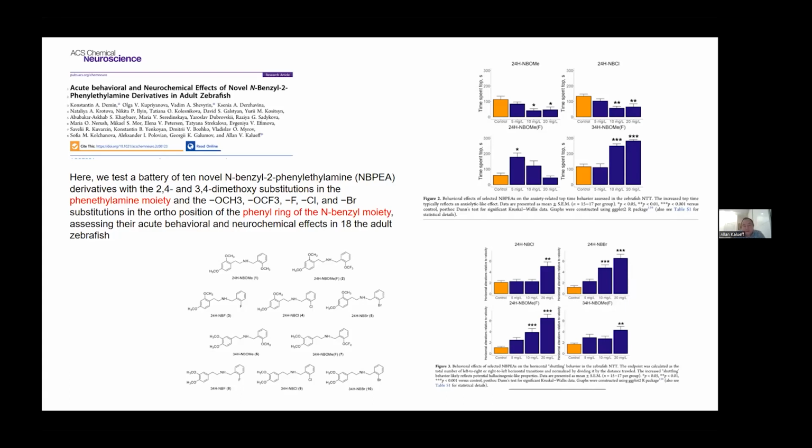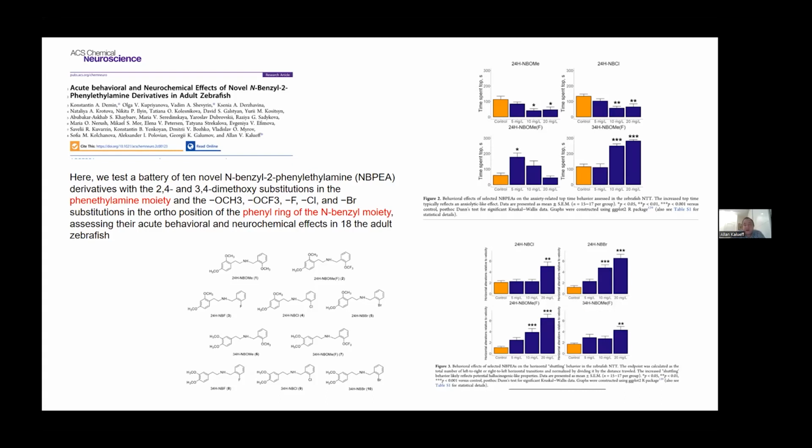The structures are shown on the slide. There are different drugs, as you could see, produced in collaboration with chemists from Kazan, totally new. These drugs have never been tested in any living system before, and we were lucky to try and see what these drugs do to zebrafish.